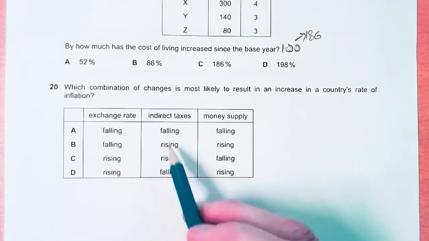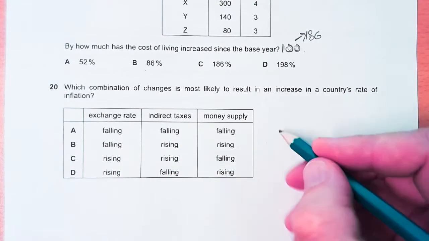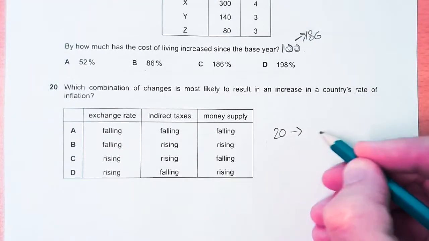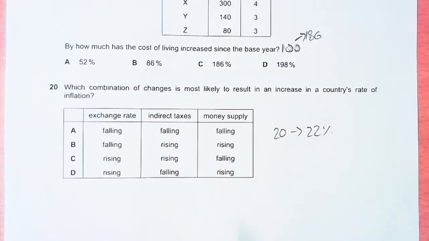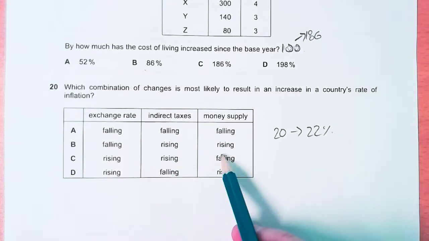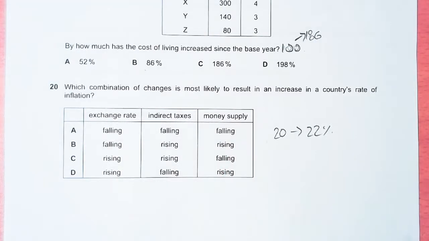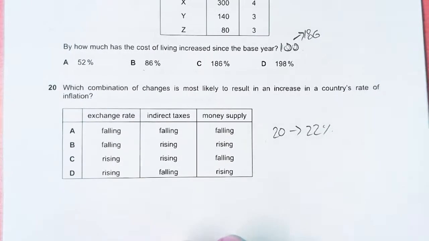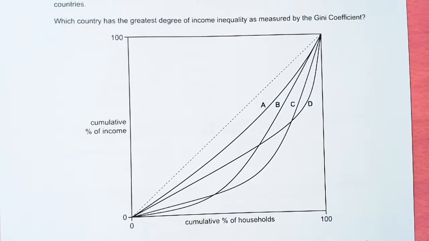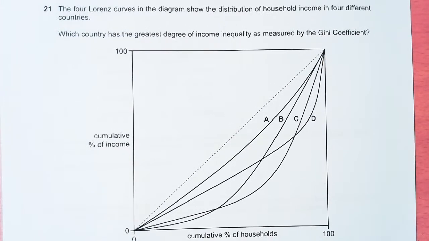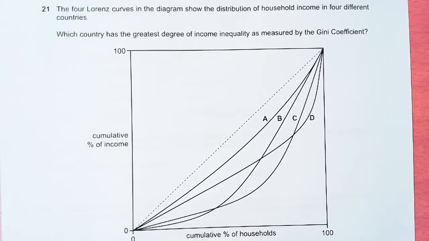At the same time, indirect taxes, if VAT went up from 20 through to 22%, then that would add an extra 2% onto prices. So the answer is going to be B. And there we see the money supply rising, which would of course cause a reduction in the actual value of money.